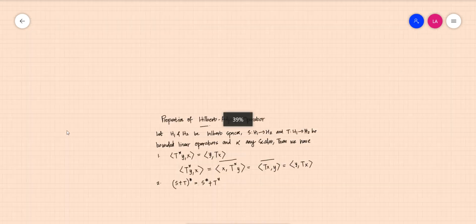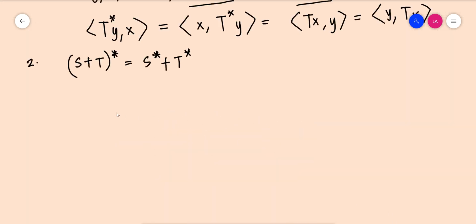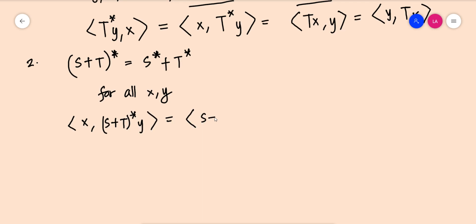So for all x, y, we have inner product x, (S plus T) star y, which should be equal to, since (S plus T) star is the Hilbert adjoint operator of S plus T, by definition inner product (S plus T)x, y.